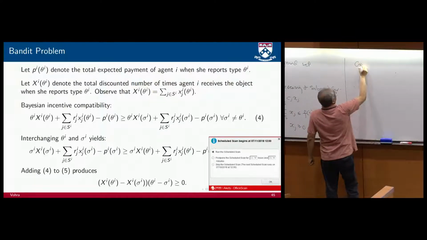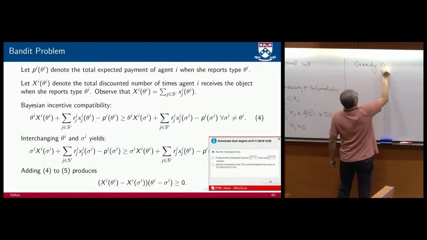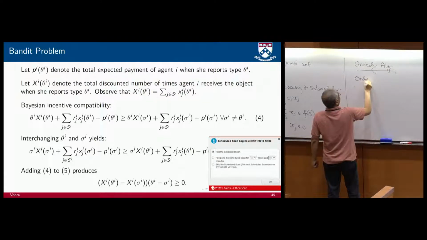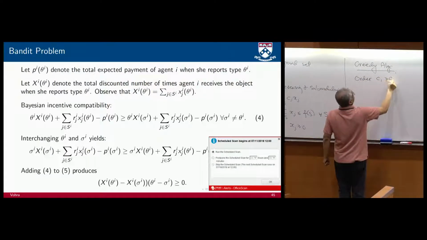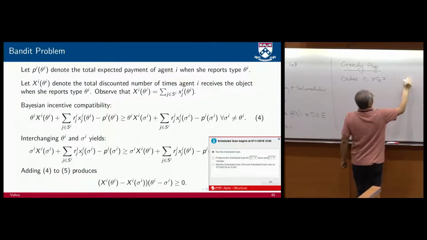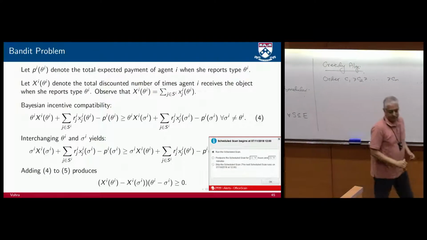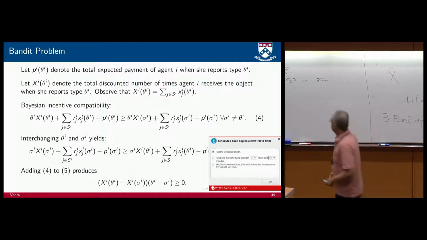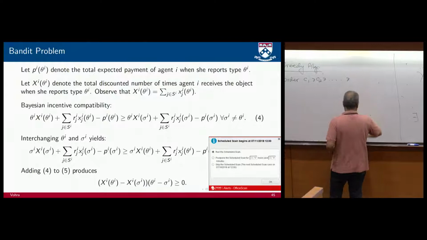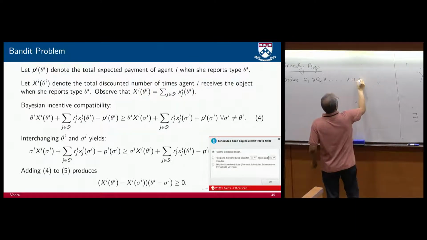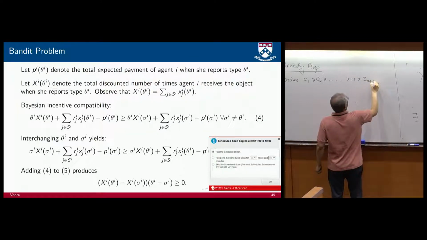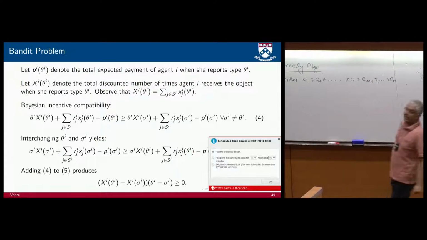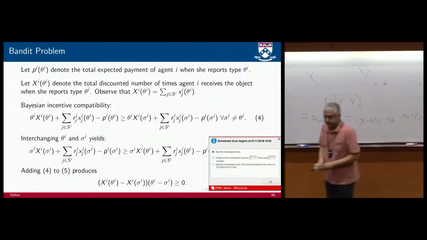So what's the greedy algorithm? First order the elements by decreasing weight.